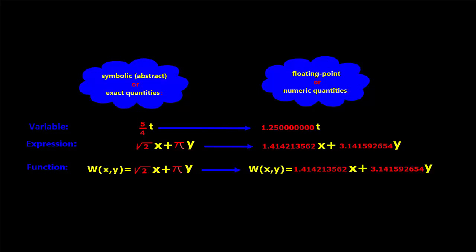Floating point or numeric quantities, which are equivalent to these exact or symbolic quantities, respectively are 1.250 t, 1.4142135562 x plus 3.14159265 y, W(x, y) equals 1.4142135562 x plus 3.14159265 y.